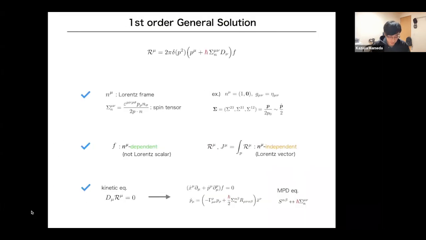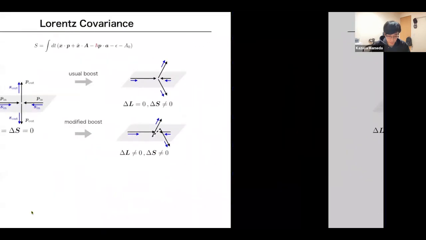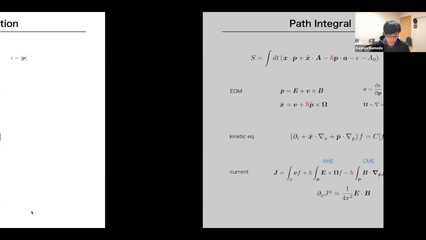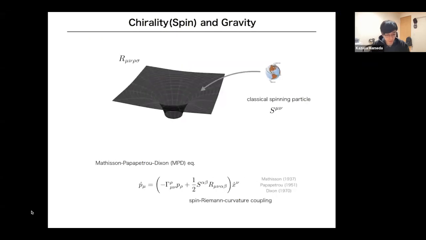And the first thought experiment is just a very brief and naive expectation of the existence of spin and Riemann curvature coupling.